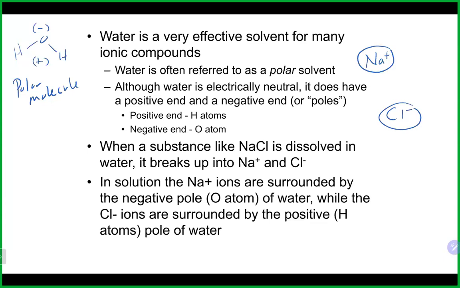The negative side of water, that's the oxygen side, will surround the positive ion, while the positive side of water, which is the hydrogen side, will surround the negative ion.